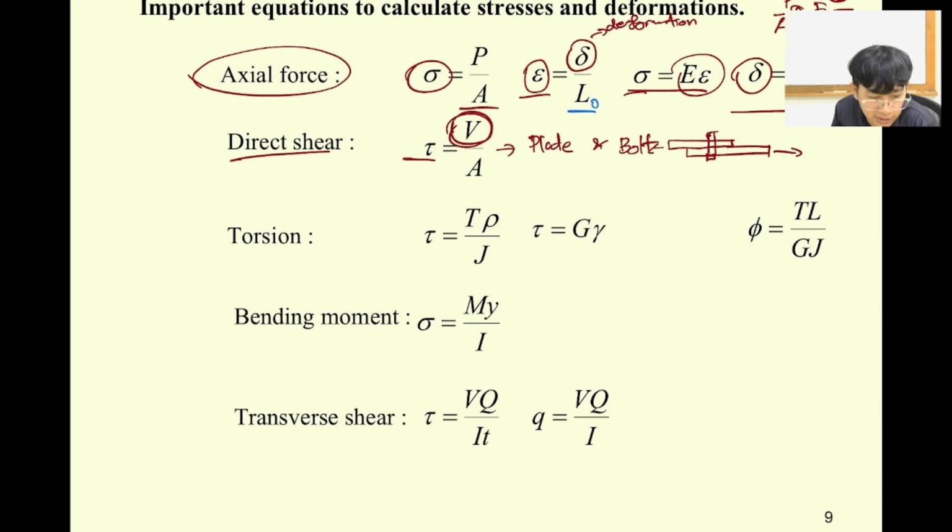Okay, next one is going to be the hard one. I think we all face difficulty with this one. We call it the torsion test. Okay, do you still remember this equation?